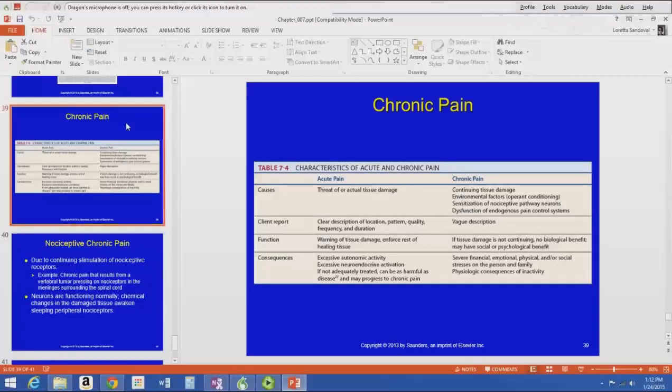It can have severe financial, emotional, physical, or social stresses on the person and their family. And there are physiological consequences of inactivity too. So you can actually cause other problems because you're inactive because of your chronic pain. So chronic pain is a huge issue, and we deal with it a lot in physical therapy, and we will talk more about it in Chapter 8.